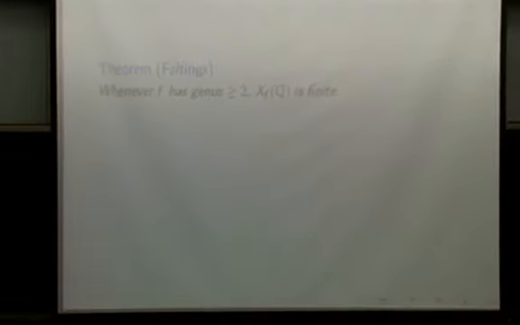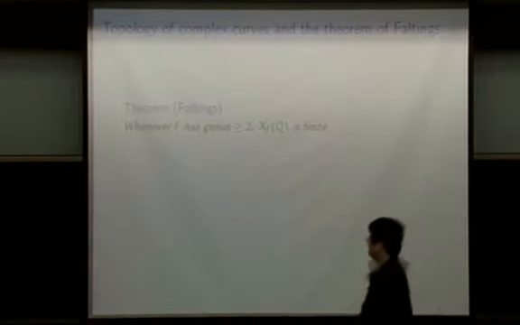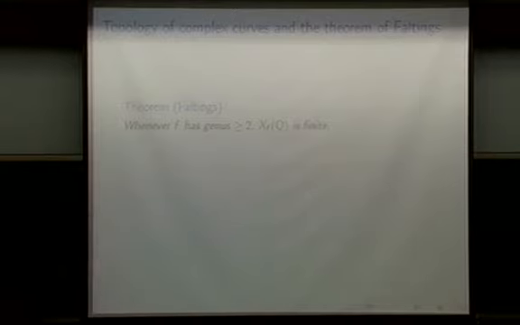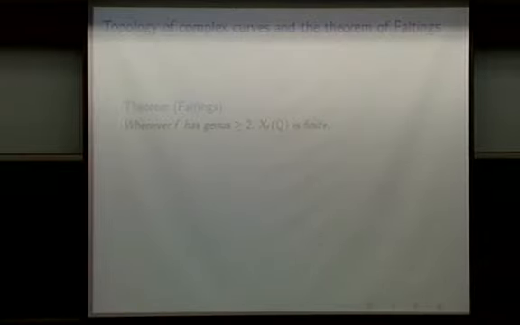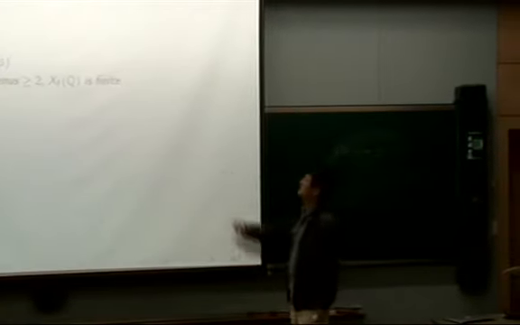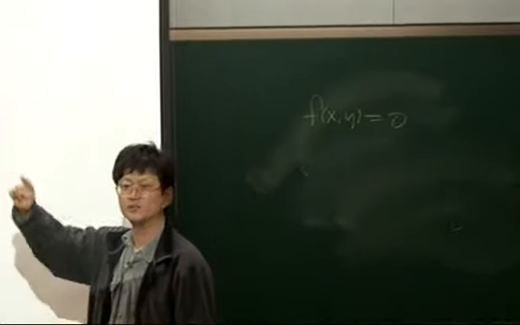Now here's a big theorem, by the way, which is still the best general theorem we have on this topic. Let me put the equation back on the board. We're still looking at the solutions to an equation like this, and the notation X_f(Q) was my notation for the rational solutions.